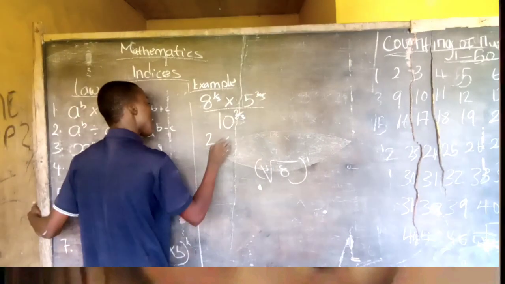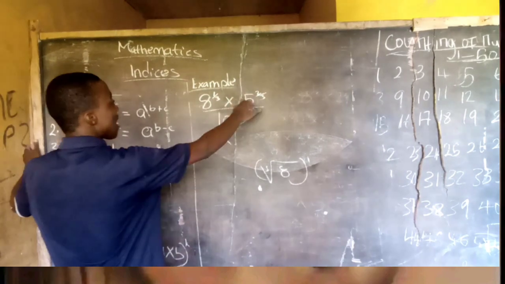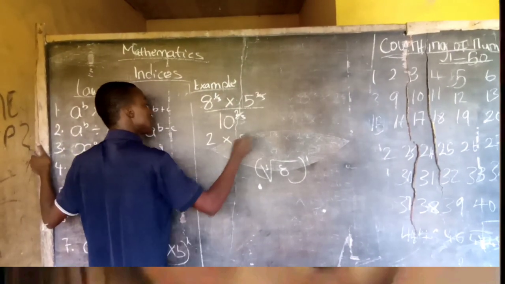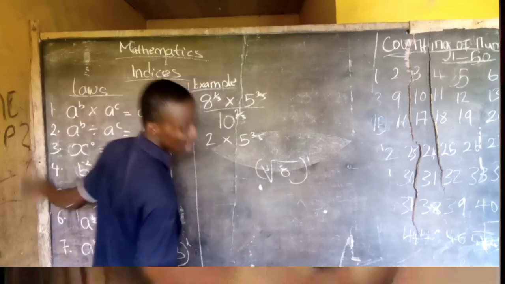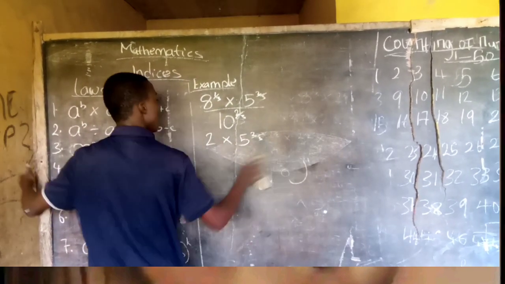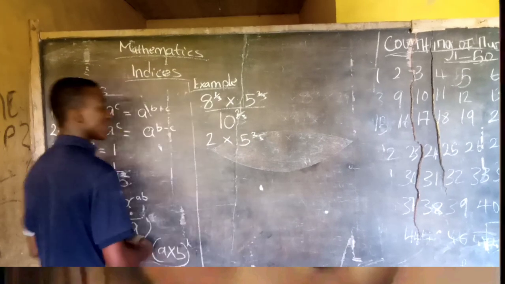Then multiply by 5 to the power 2/3. Remember, since it's going to give us decimal numbers, if we write those decimals we are going to be facing a lot of problems, giving ourselves work to do.